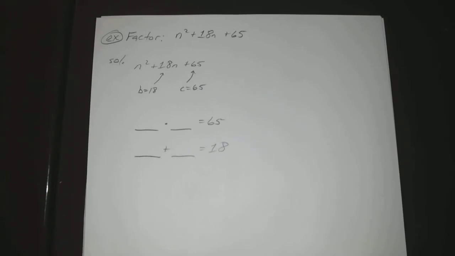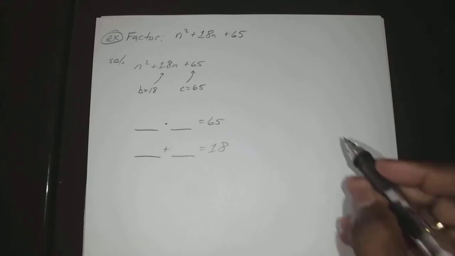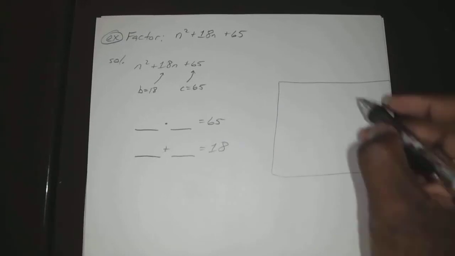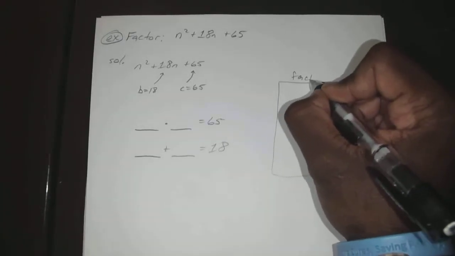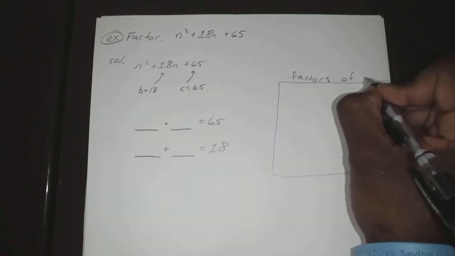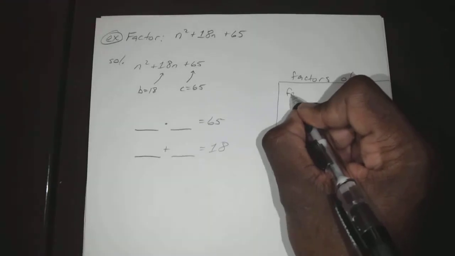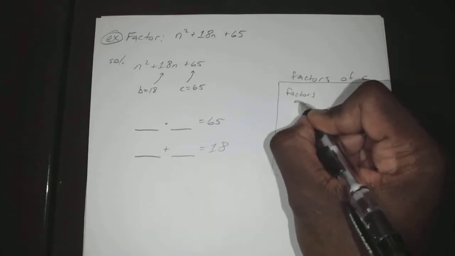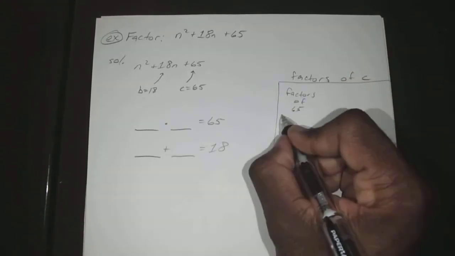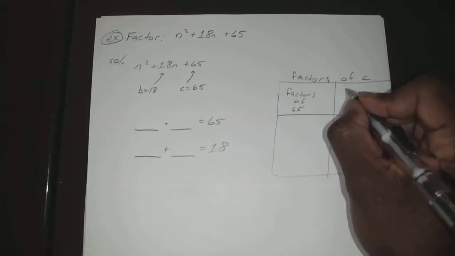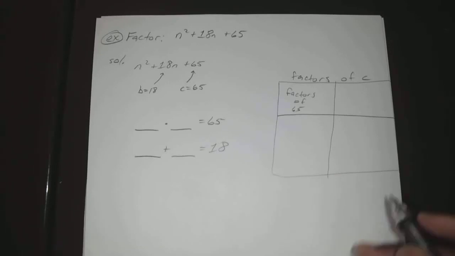Now, usually you can't just immediately think of numbers for problems like this. So whenever you can't think of the solution to that one, you want to look at the factors of your C value. Okay. So here we have our factors of 65, and here we're going to add those two factors together.